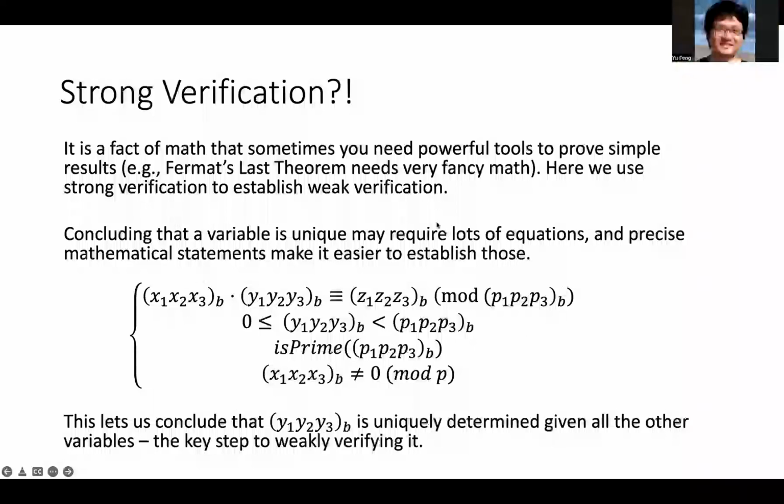Okay, so Franklyn, I just want to make sure I understand. When you say you verify ECDSA with millions of constraints, you are doing what you call weak verification. Essentially, you're checking the uniqueness of those variables, and you cannot verify even this weak verification alone unless your tool is provided with those additional assumptions which you show in the current slide.